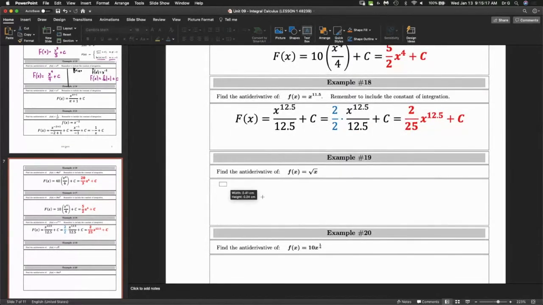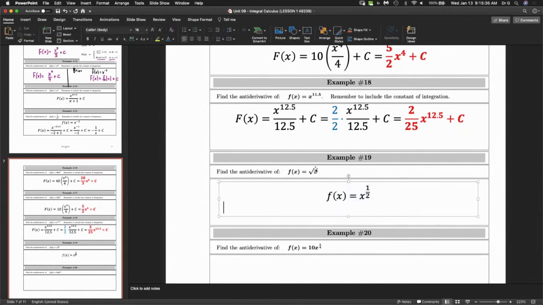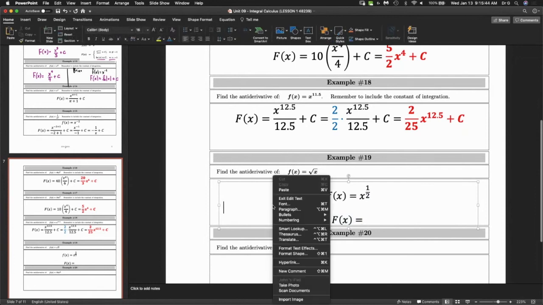19. To do 19, we need to keep in mind that the question needs to be written as an exponent. Does anybody remember square root? Square root. What is the exponent? Thank you, Jai. Yeah, that's a half. And if we apply the rule, I'll do this one slowly because it is fractions.